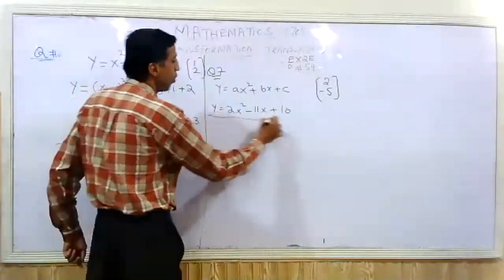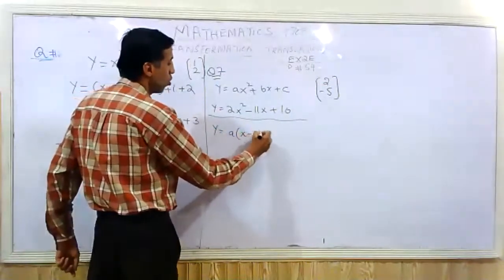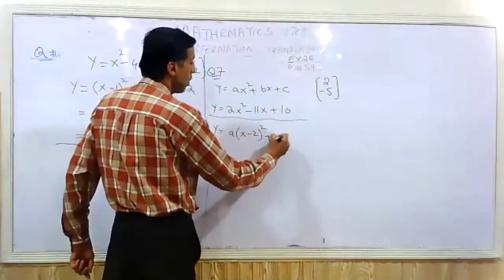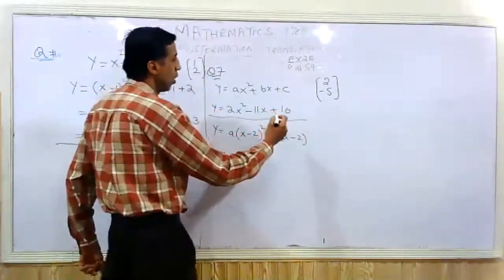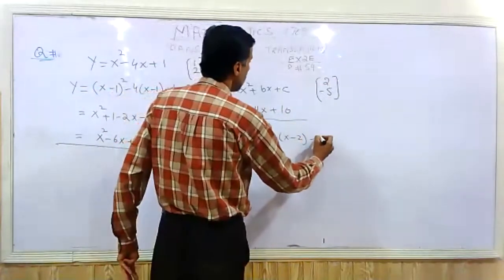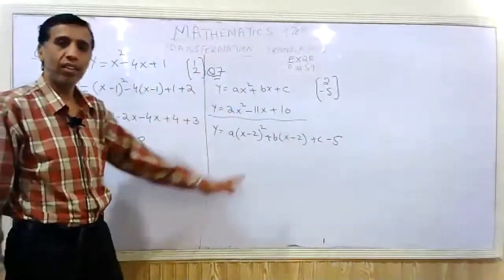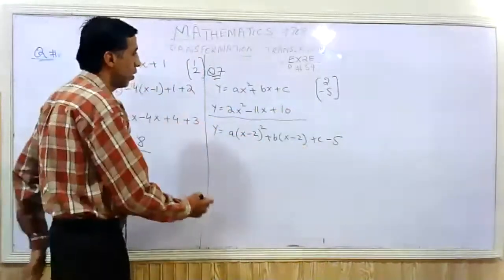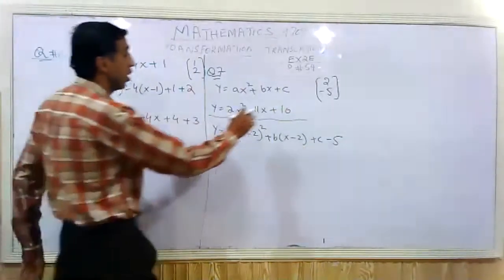How? The solution is this one: a(x minus 2) whole squared plus b(x minus 2) plus c minus 5. At the end, the constant value you will add. The image is 2x squared minus 11x plus 10.